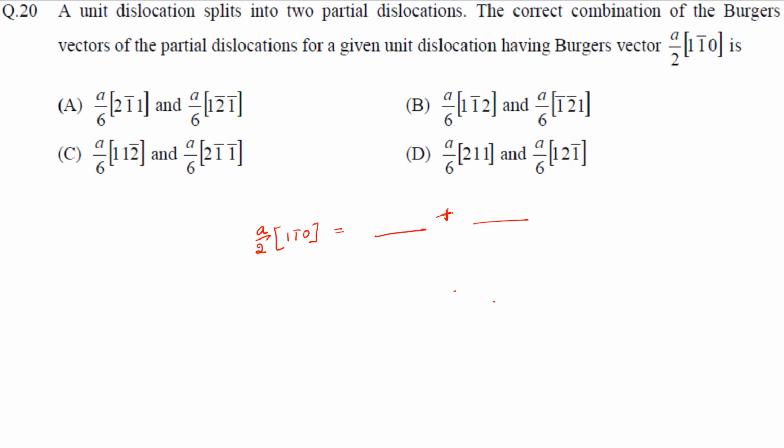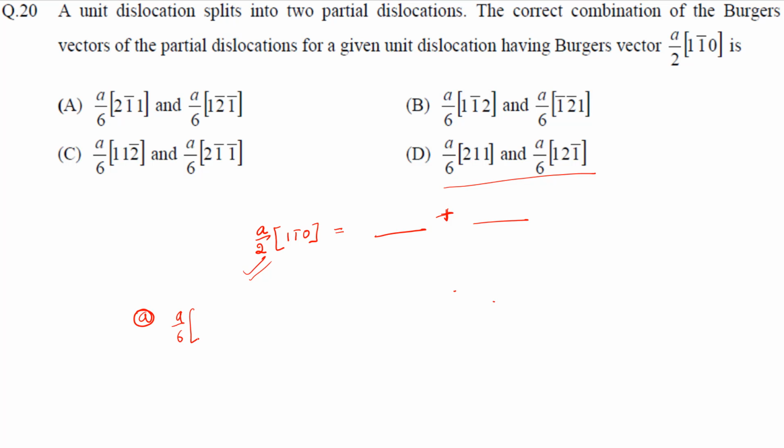So guys, we know that whenever it splits, then vectorially it should be correct. That means the sum of these two should be equal to this, right? Now if you see from the options, we'll check one by one. Let us first check option A. So let us add this one.